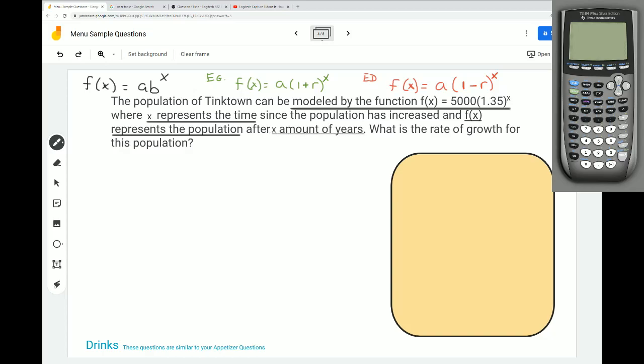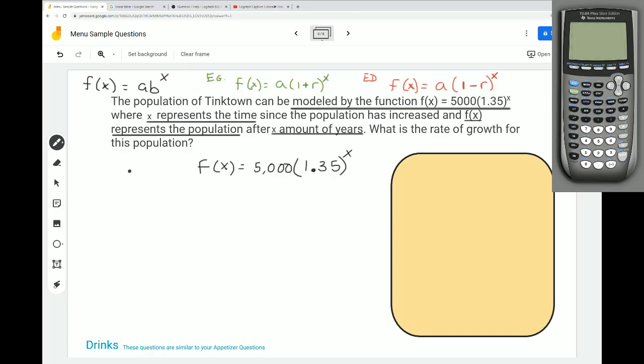So let's take a look at this, and we have the function of x is equal to 5,000 times 1.35 to the x power.